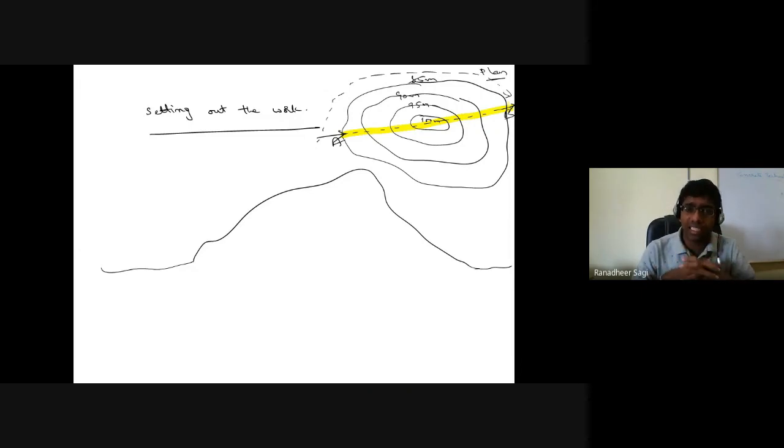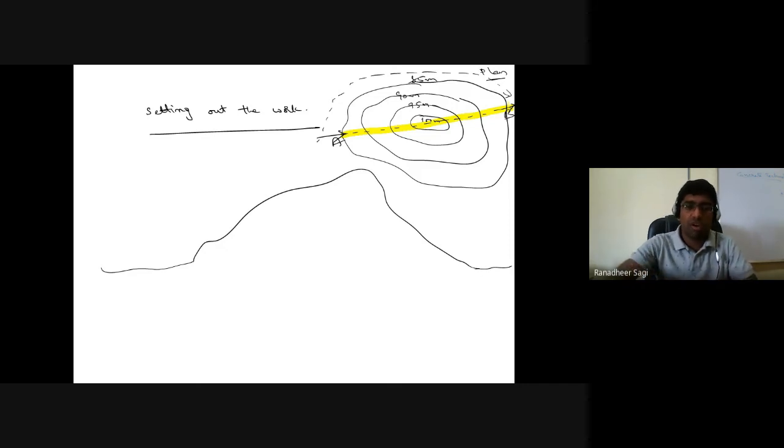So in such case, this so-called control network is going to be helpful for us in setting out our work. What is my work? Construction of the tunnel. So in exact marking and carrying out the excavation for the construction of the tunnel, this so-called triangulation network is relatively going to be helpful. So how do we construct the tunnel?